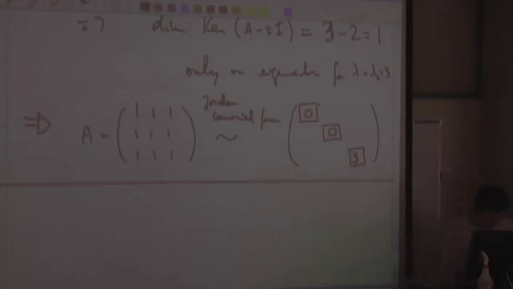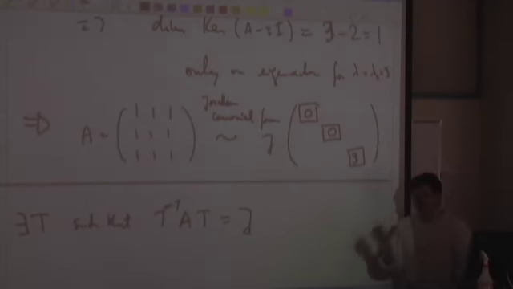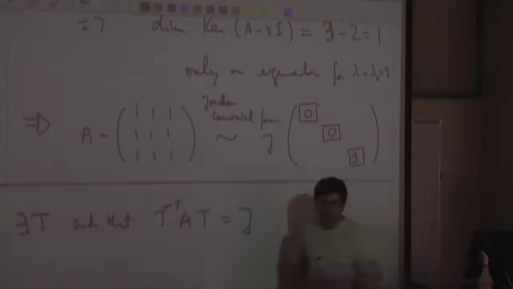Let's call it J, and of course T inverse AT. There is a T, right? That's a 3 by 3 matrix, such that T inverse AT is that Jordan form, in this case diagonal form. Okay?